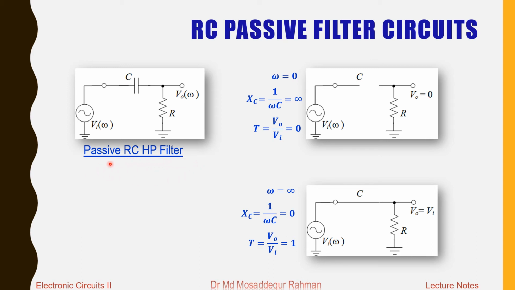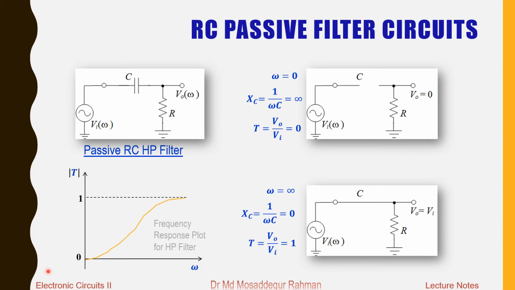So this is what we call a passive RC high pass filter, and we can estimate the frequency response plot of the circuit from this analysis. At zero frequency we have zero transmission. At very high or infinite frequency you have 100% transmission, or the transmission magnitude will be 1.